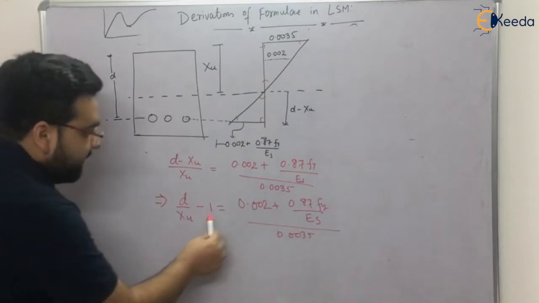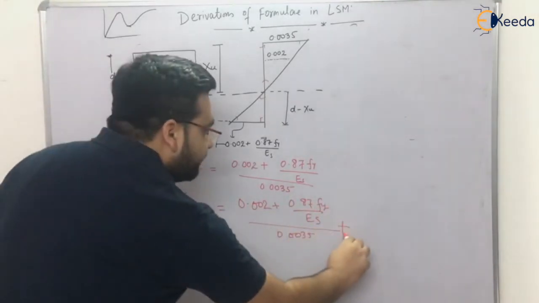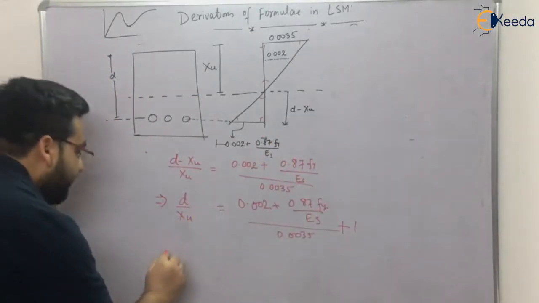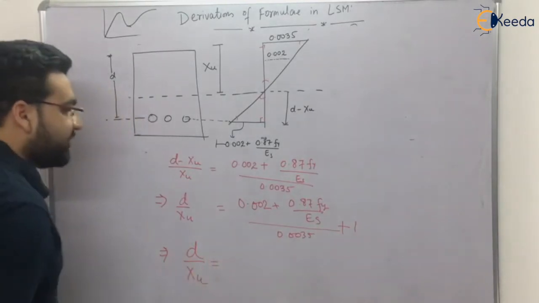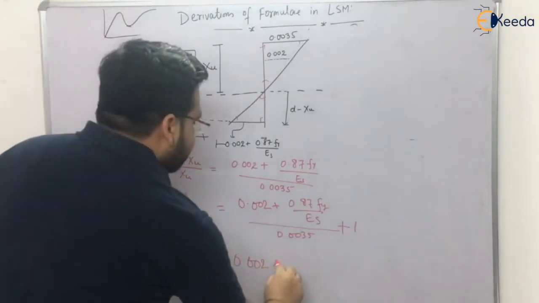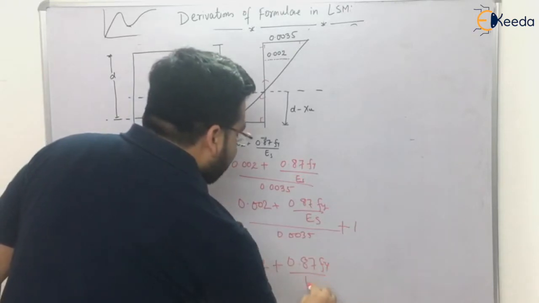Now let me take 1 there. If I take 1 there, it will become plus 1. Clear? Let me again reshuffle it. I will get d divided by Xu is equal to 0.002 plus 0.87 Fy divided by Es.